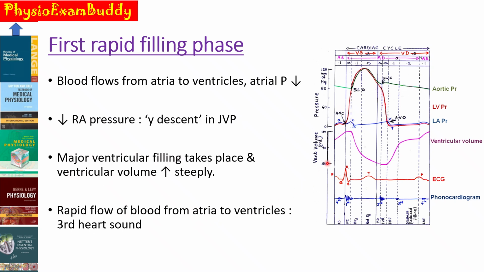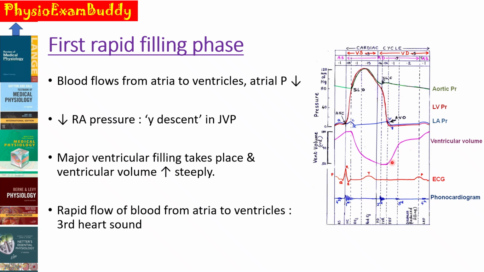And you can see here that as the blood flows from the atria to the ventricle, what happens? The atrial pressure falls slightly, and this decrease in the right atrial pressure will give rise to the Y descent in the JVP, and a large part of the ventricular filling takes place during this phase.